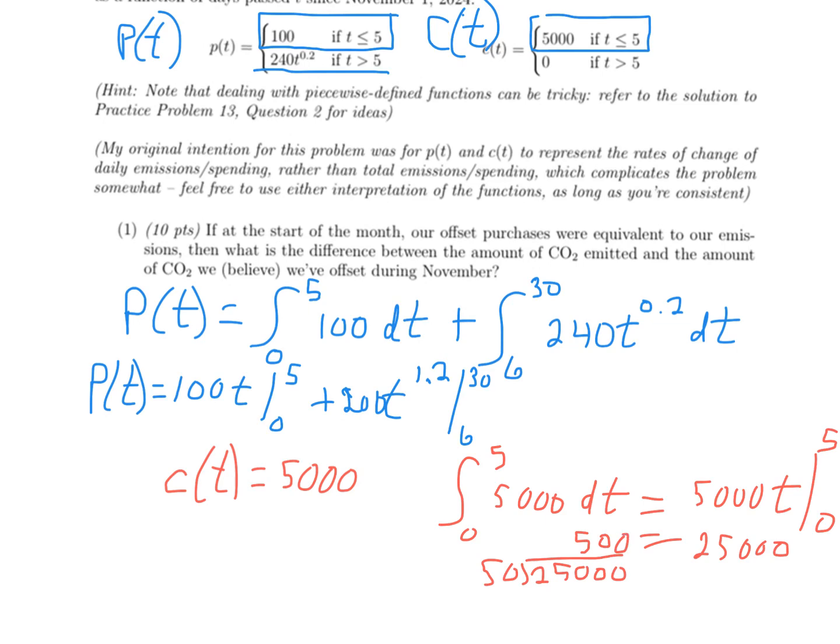And so we're offsetting 500 tons of carbon, and we want to compare that to what we get up here in terms of how much we've actually produced. Okay, and that would get you through all of question 1.